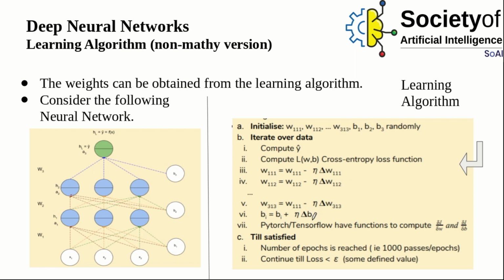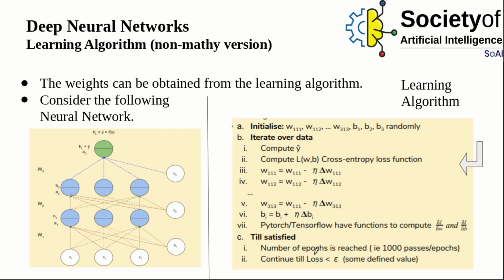Then we will be using libraries such as PyTorch, which is developed by Facebook, and TensorFlow, which is developed by Google, which have functions to compute del L by del W and del L by del B, till the condition is satisfied.